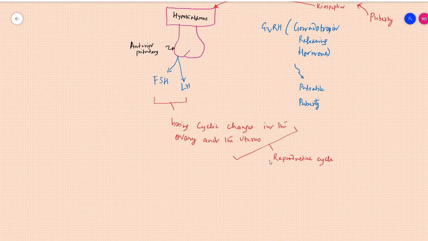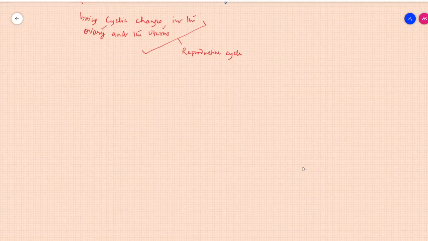Okay, it's called the reproductive cycle. So what's a reproductive cycle? The cyclic changes in the ovary and the uterus is called the reproductive cycle. For the sake of study, we divide the reproductive cycle into two parts.